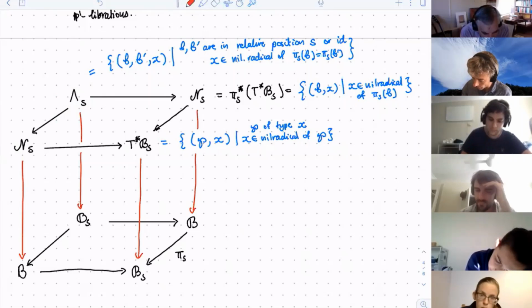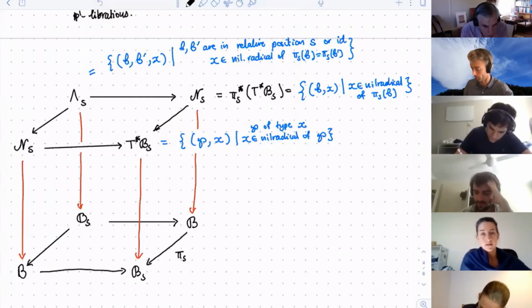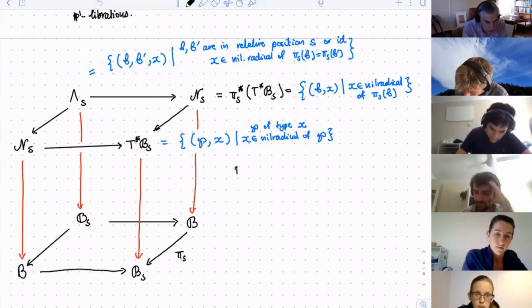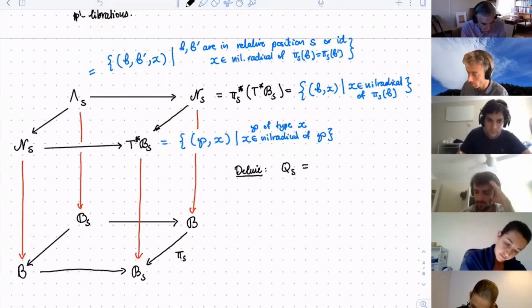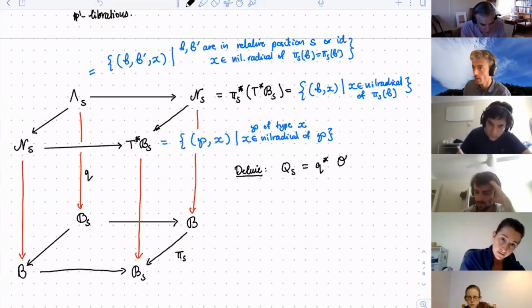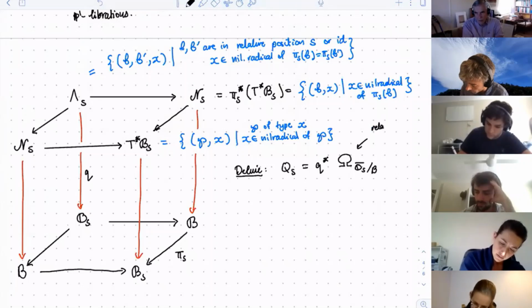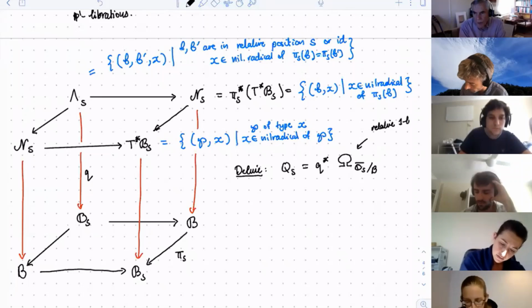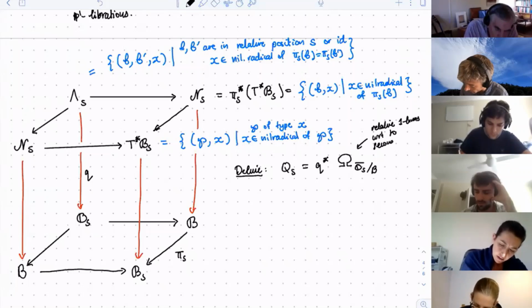And now we define QS to be, so let's call this Q, Q upper star of the relative one form, second projection.